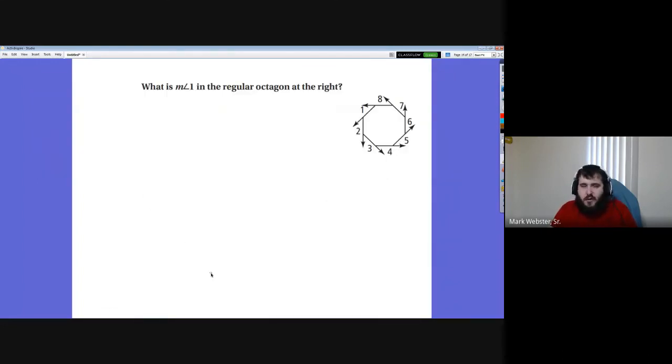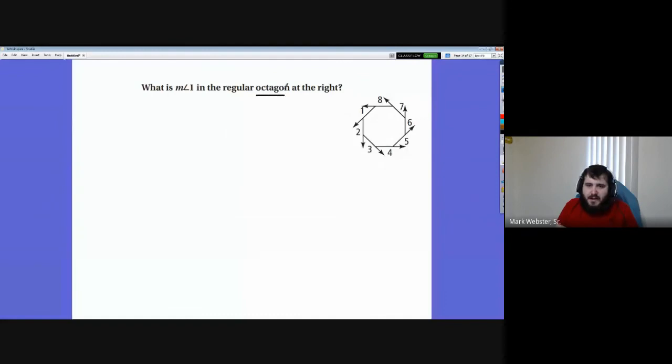So I want to know what's one of these angles. They're specifically like, hey, the measure of angle 1, but it doesn't matter which one it is. They're all the same. So I'm going to say, oh, octagon. This is an 8-sided figure. So I'm just going to do 360 divided by 8, right?